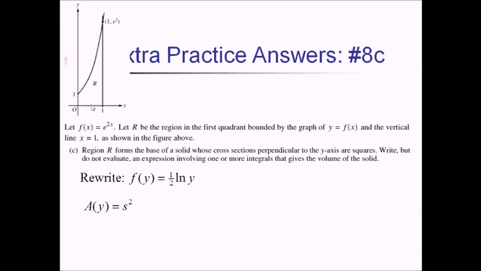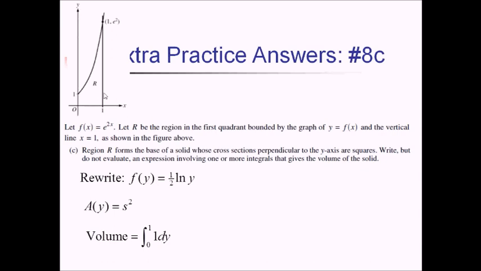When we start at the bottom, which is where you're going to start if you're integrating with respect to y, your right function is 1, and that doesn't change throughout, but your left function is the y-axis, x equals 0. So for my first integral, if I'm writing out my volume, I'm going to have the integral from 0 to 1 of 1 minus 0 dy.